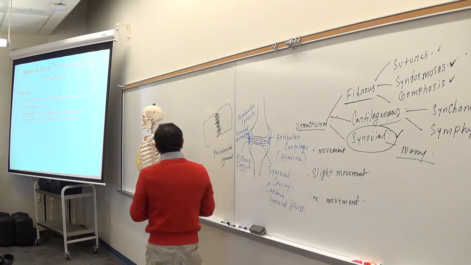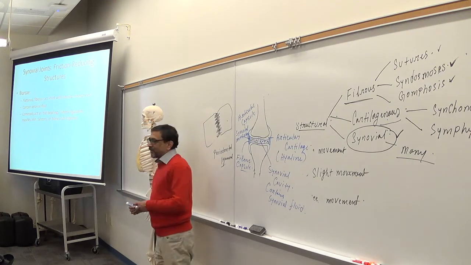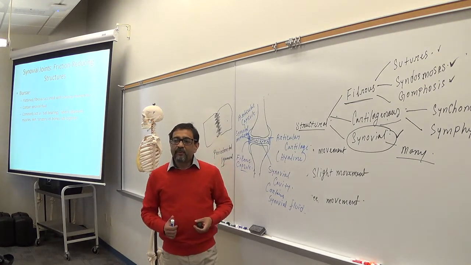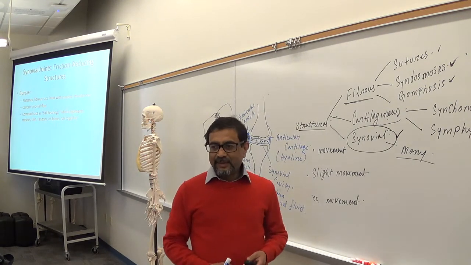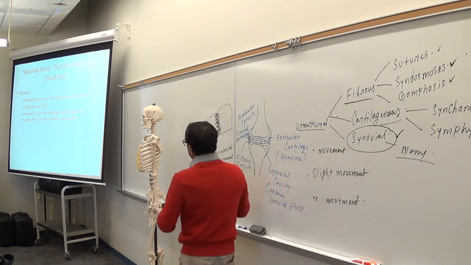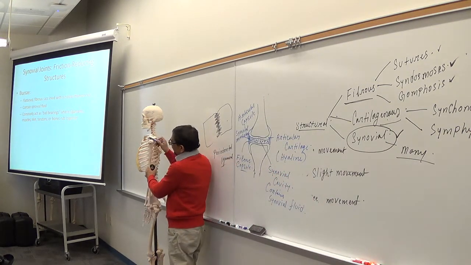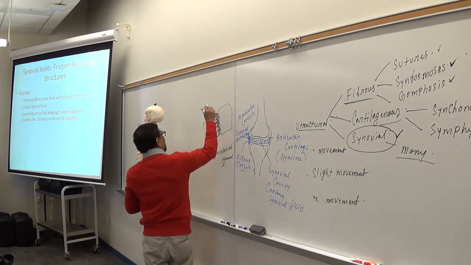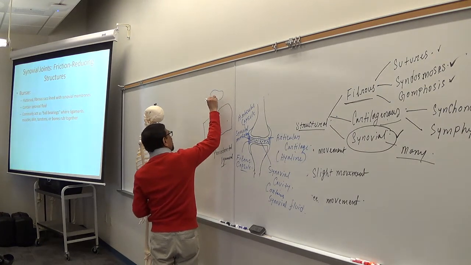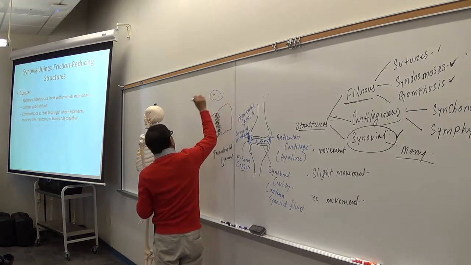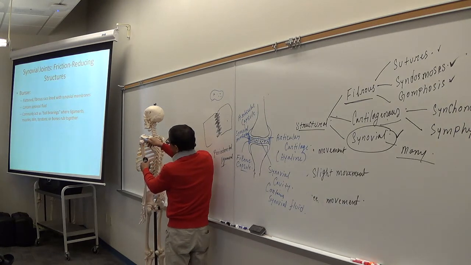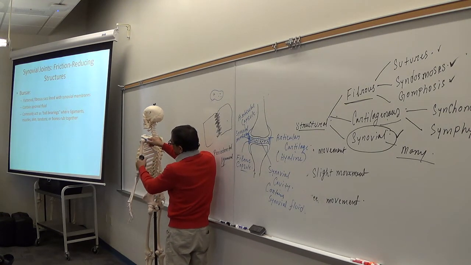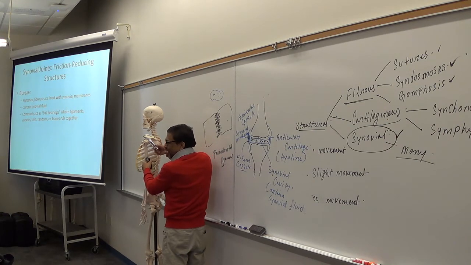So, bursa are filled with synovial fluid, and they are present in large synovial joints like this. You see here, this is a bursa, like flattened membranous sac like this, filled with fluid, and it is located like this. And when you move the bone, it rolls. Make sense? It's like ball bearing.